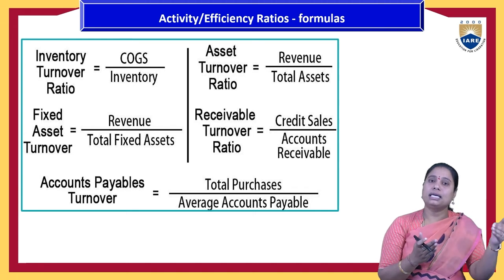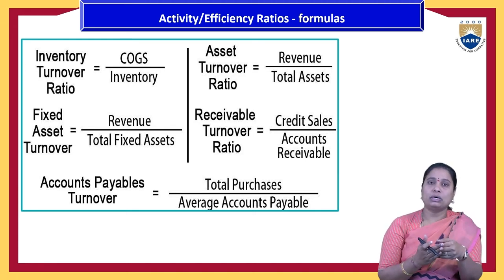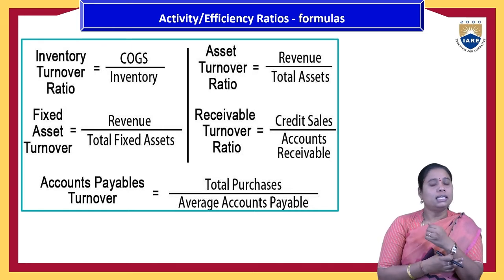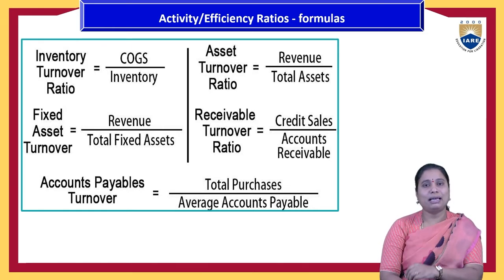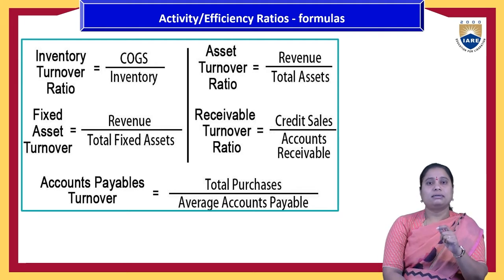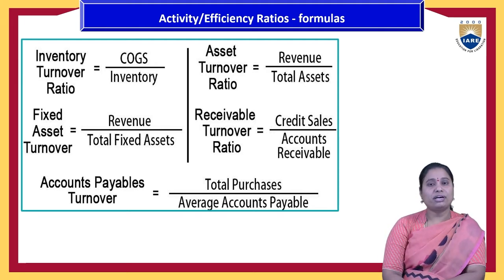If the cost is less and more inventory is with the organization, then they can say their efficiency is good. Even in a house, for example, your mother has purchased 10,000 worth of goods for 8,000.